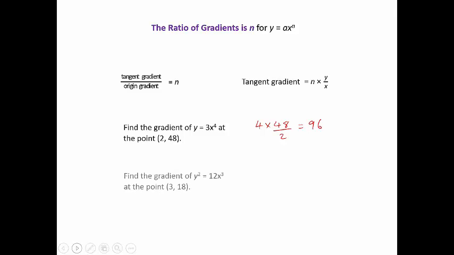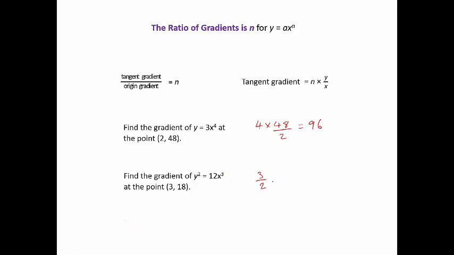Another example, here we've got y squared equals 12x cubed, and the point is (3, 18). What is the value of n now? Well, it's got to be in the form y equals ax to the n, and I've got y squared, so I need to take the square root of both sides, telling me that the power on x is going to be 3 over 2.